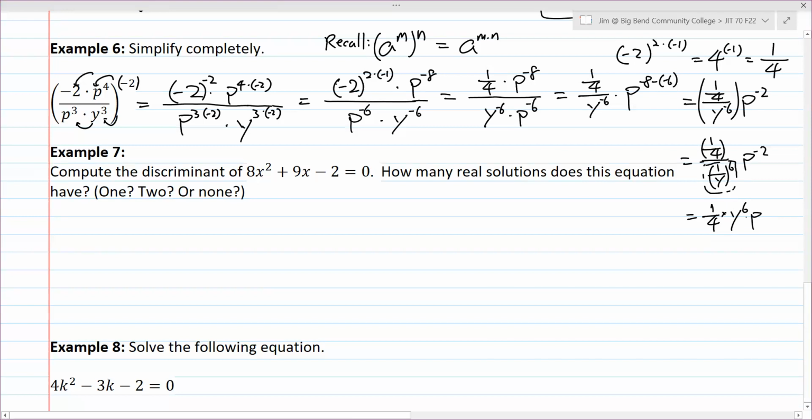So the last term is still p to the negative 2. All right, so that is the final answer. We simplified everything completely right now. And if you want another version, you can also write it as 1 over 4 times y to the 6 over p squared. That also works. That's another version of the answer.